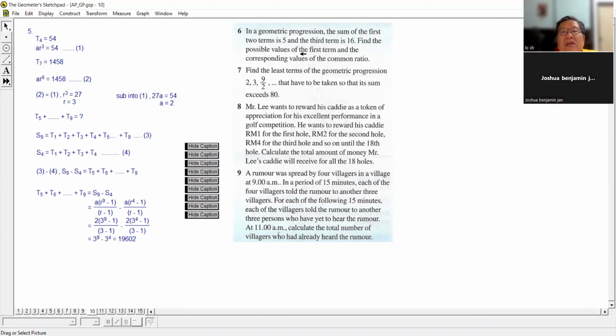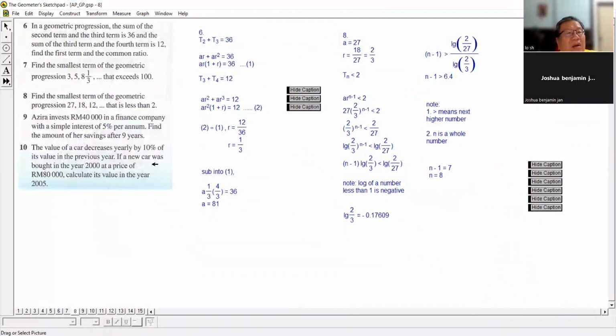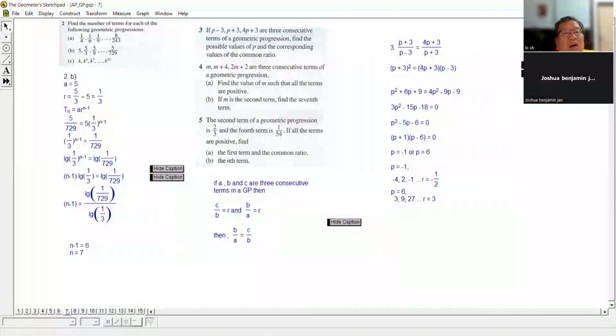This one? Is it this? Just now you delete that one. Where did the question come from? Here. Not this one. It has to come from here.